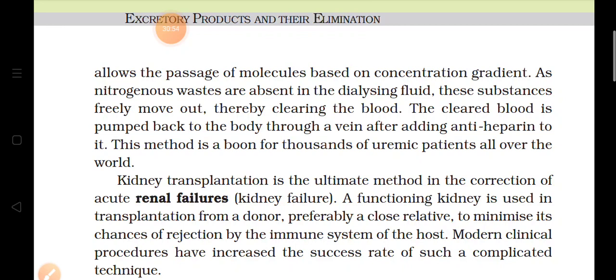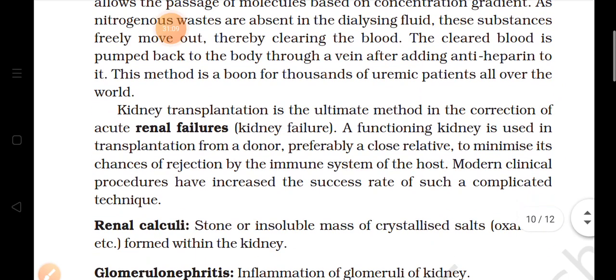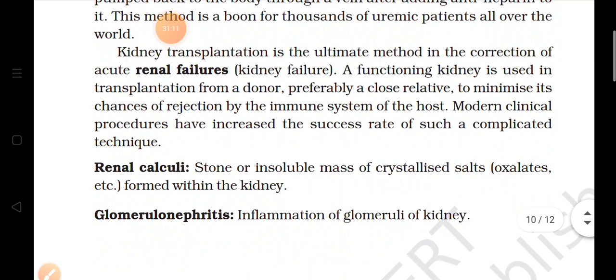So if the donor is a relative, there are fewer chances of the immune system deactivating that organ. Modern clinical procedures have increased the success rate of such a complicated technique. New technologies have come, and because of that, organ transplantation has become much easier.